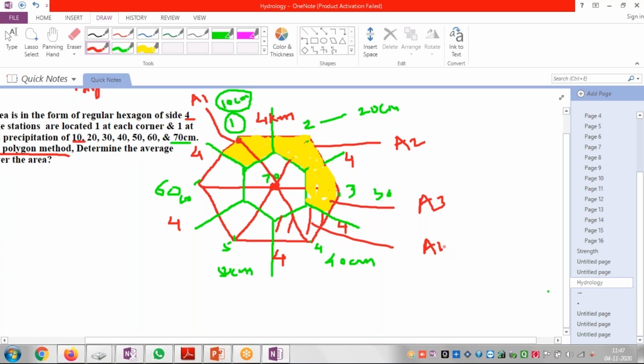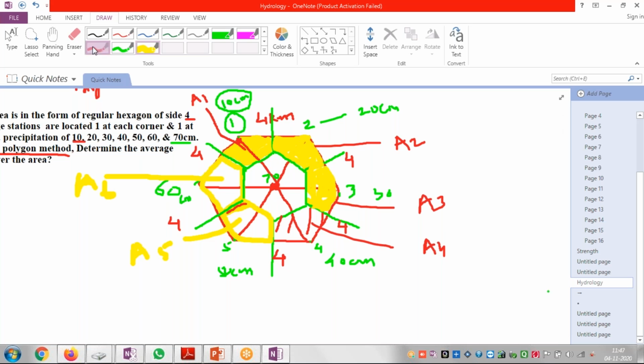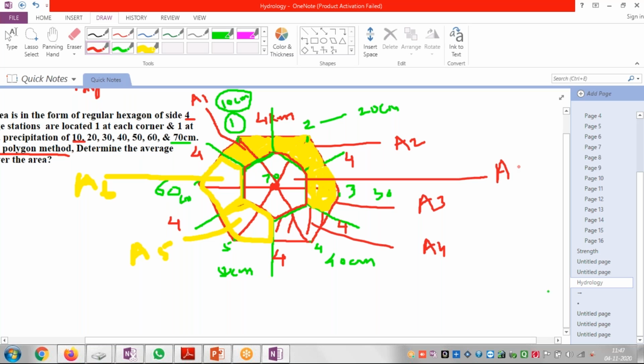This one will be area A5, right? Similarly, this one will be my area A6, and the center area, this whole area, this one will be A7. Up to here it is clear to all of you? Yes, this is how we mark this.